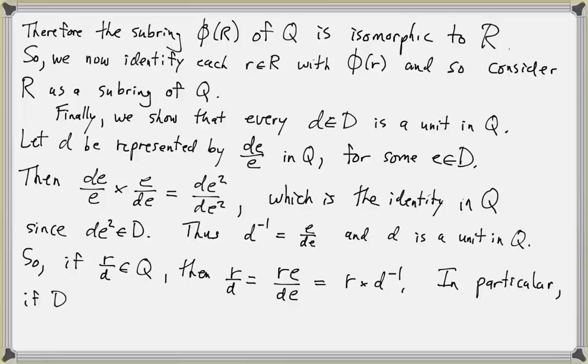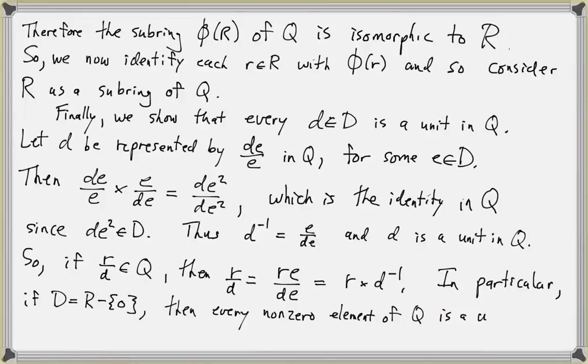So in particular, if D is equal to all of R except for 0, then every non-zero element of Q is a unit, and hence Q is a field. So this finishes all of the claims of our theorem.